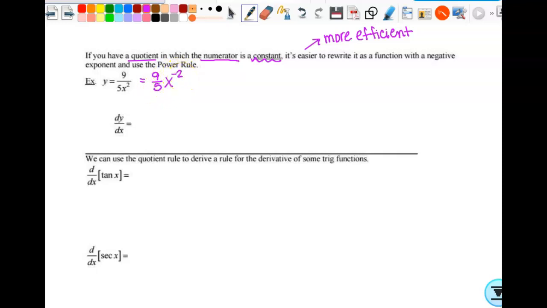Notice when I took x out of the denominator, I did not take 5 out of the denominator. Don't go doing really weird stuff, okay? So then I can take the derivative, using my power rule. It's going to be negative 18/5 times x to the negative 3, which is the same as negative 18 over 5x cubed.